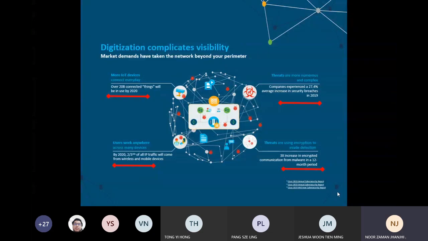So it is taking two-thirds of all the traffic, with 20 billion connected devices. Now, these 20 billion connected devices and this much share of the wireless network are not easy to handle in many different aspects.